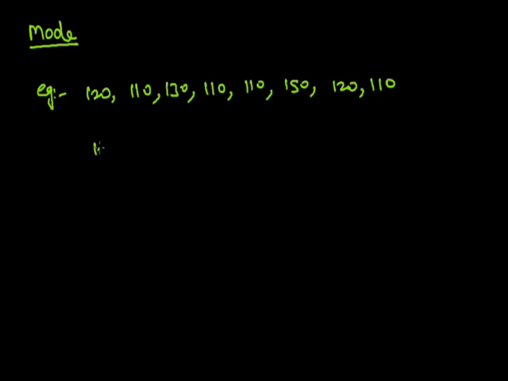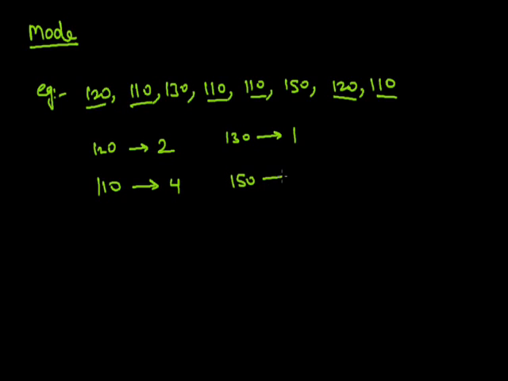Suppose we take 120 as the first observation. 120 is repeating 2 times, which means the frequency of 120 is 2. In the same way, 110 is repeating 4 times. 130 is repeating 1 time only, and 150 is occurring 1 time only. So the observation equal to 110 is occurring the maximum number of times.